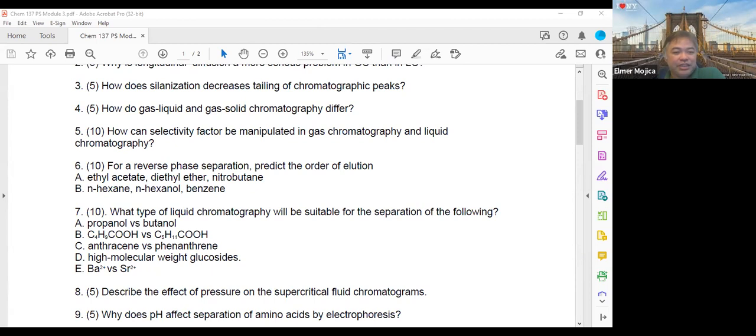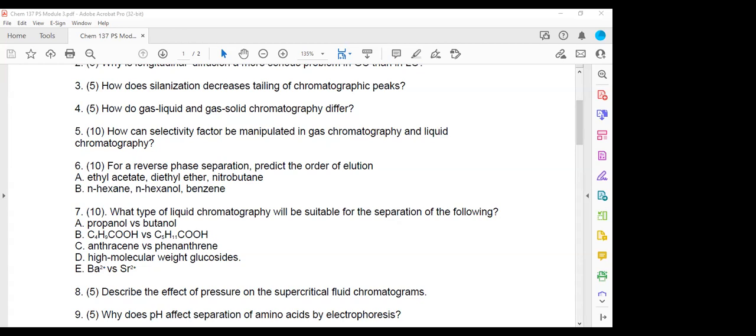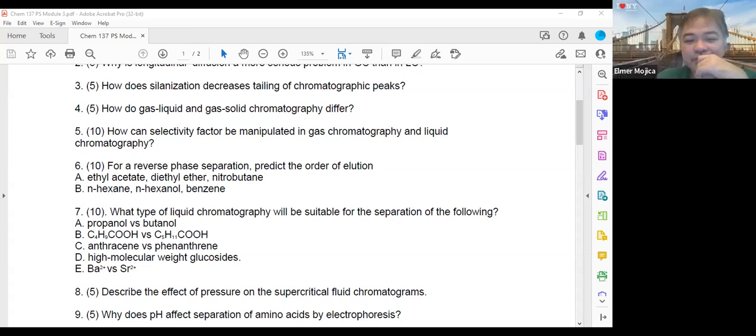Now, ano yung selectivity factor in the first place? Class, ano yung selectivity factor? Ability po to distinguish between the components of a sample. Yep. So ano yung formula natin doon?